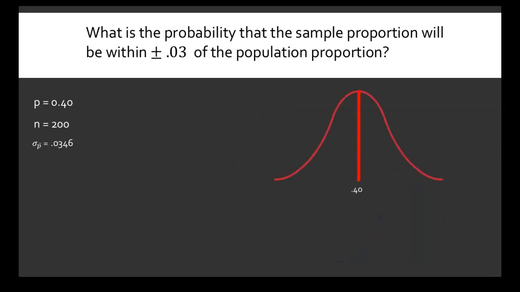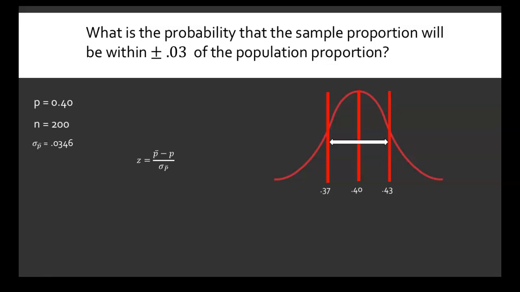Now, for probabilities, we are going to need to figure out areas underneath the bell, right? So we want to know the probability that it's within plus or minus 0.03. So we put those 2 points on our bell curve. We add 0.03 and we subtract 0.03, and we are looking for this area between there. In order to do that, we need to find our z-scores.